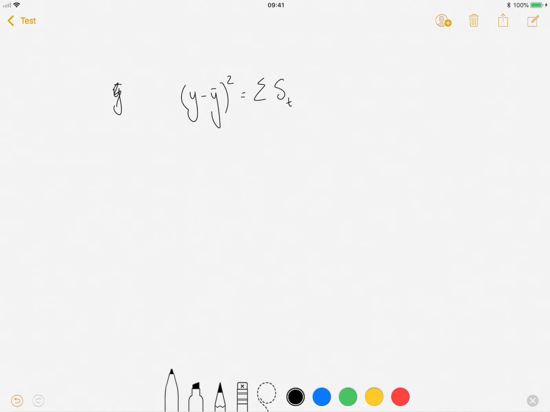Okay? And we know from the linear regression of the least squares that the total error squared is equal to ST. Right, so now the residual error from our linear regression, SR, is equal to the sum of yi minus A0 minus A1 xi, squared.